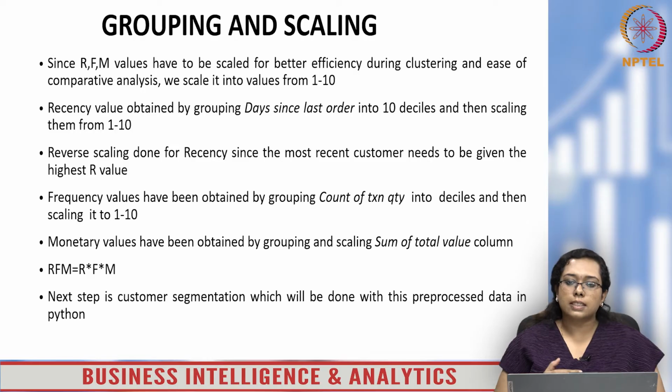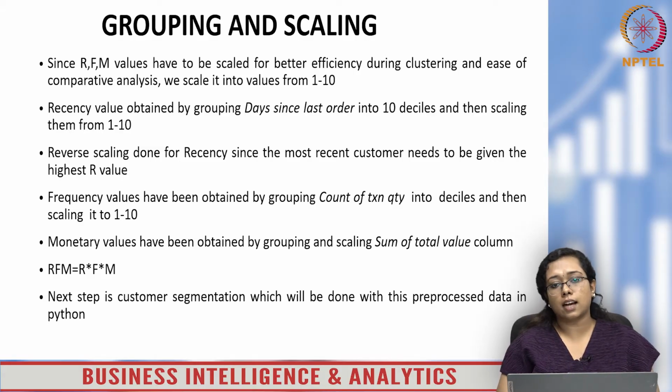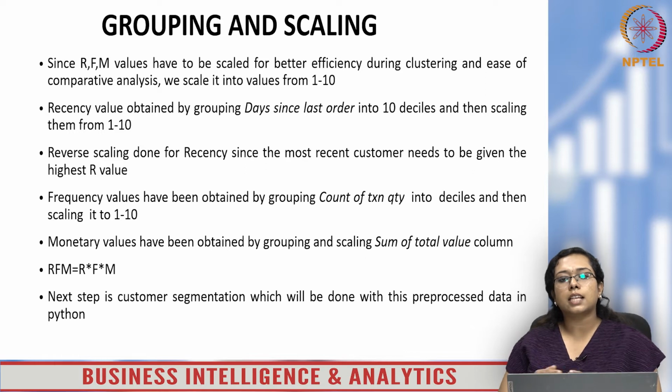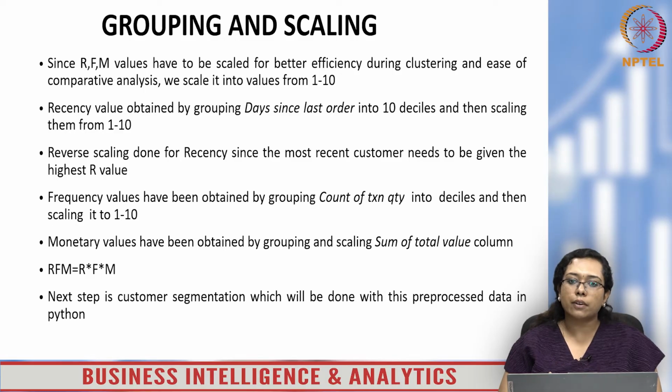If we subtract the max of the order date from today's date, which customer has the highest value? The customer who has come before 3 years, right? Because say it is 800 days, that is the difference between today's date and his last order date. Another customer just came before 1 year, so his recency might be 300. But actually recency should be high for the customer who has been more recent, right?